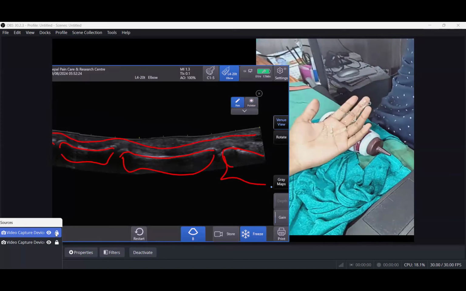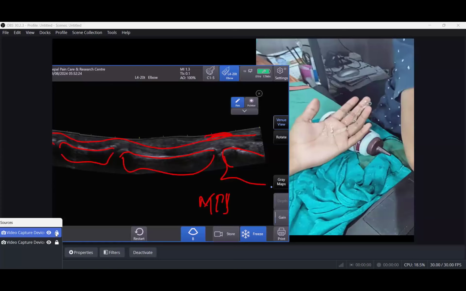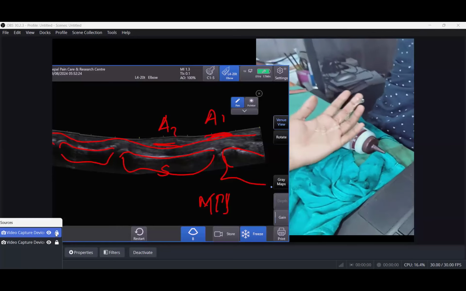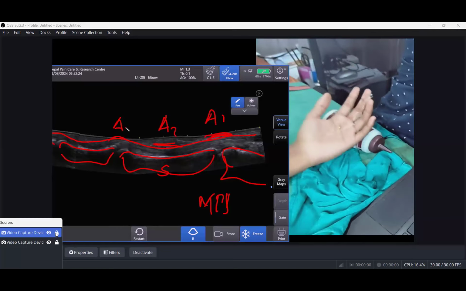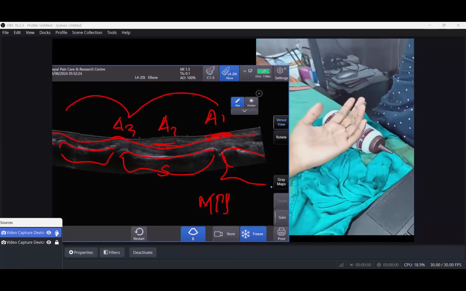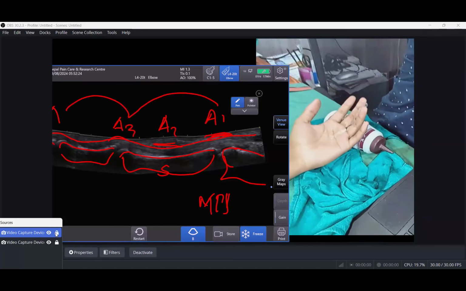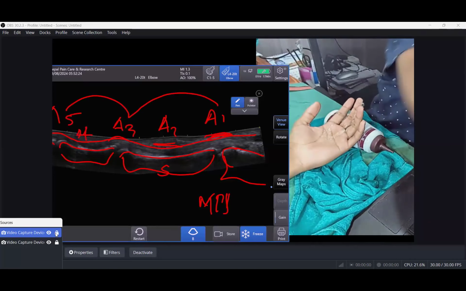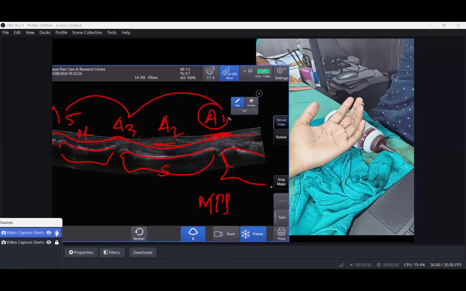If you want to appreciate A1 pulley, it is at the metacarpophalangeal joint, so A1 pulley will be around here. A2 pulley will be around the shaft over here. A3 pulley will be over the joint. So the odd number pulleys are over the joint.